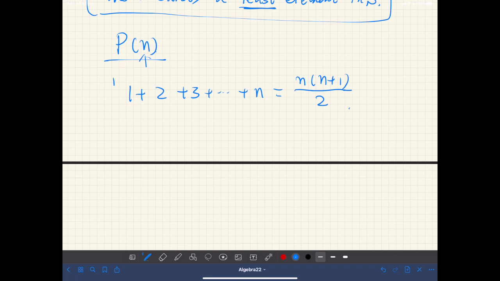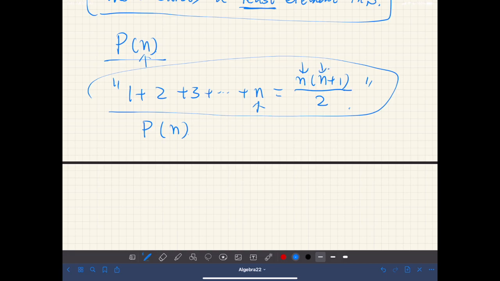So this equality itself may be cast as a logical statement P(n). This statement depends on n, and it's a logical statement because the left hand side is equal to the right hand side.